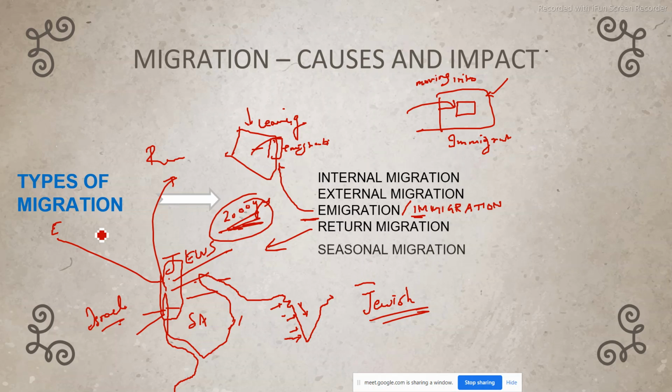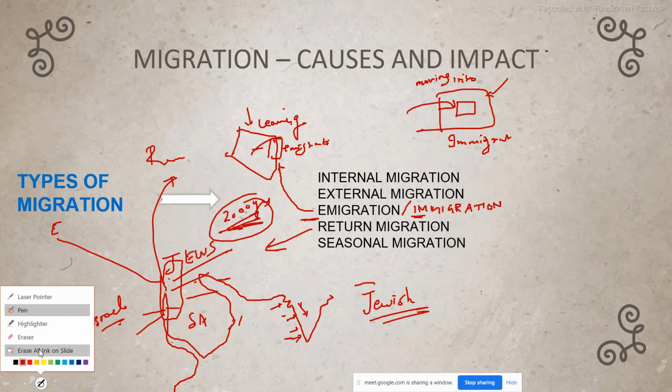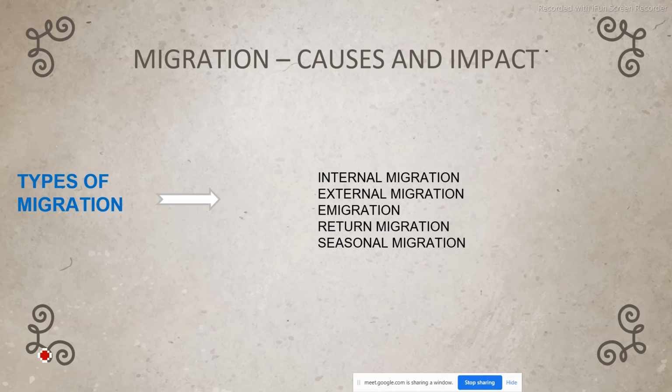Now next point is seasonal migration. For example, when the season in your place is not conducive for your stay, you move to another place. Within the country, when Britishers used to rule India, during summer they used to make Shimla their capital.